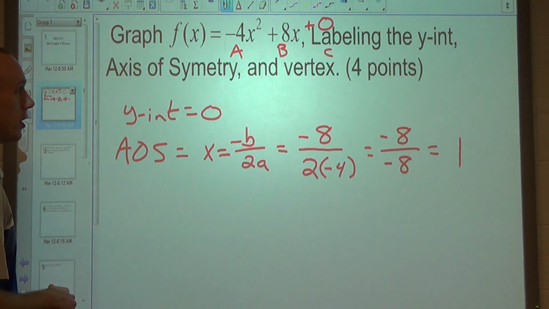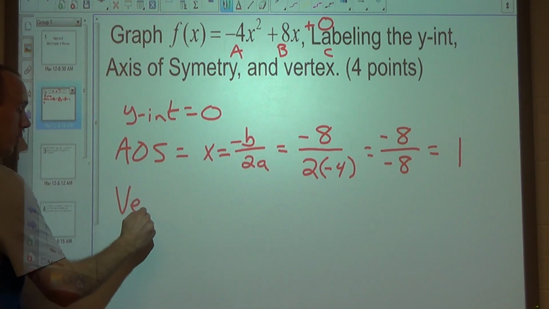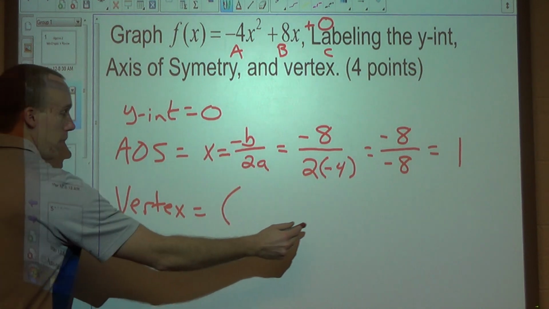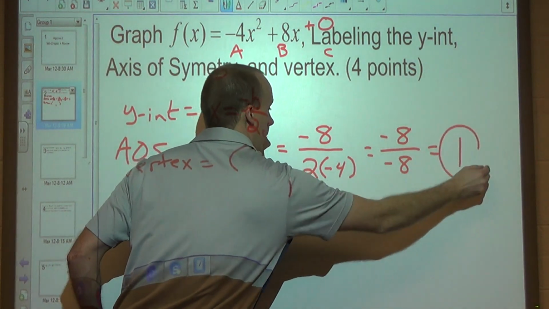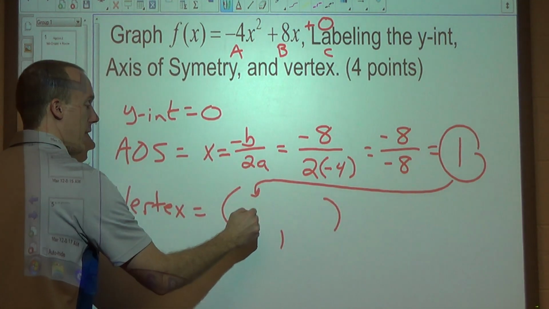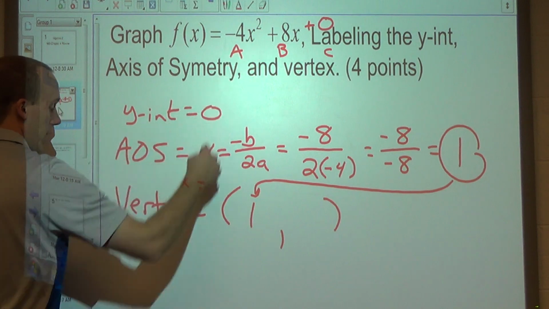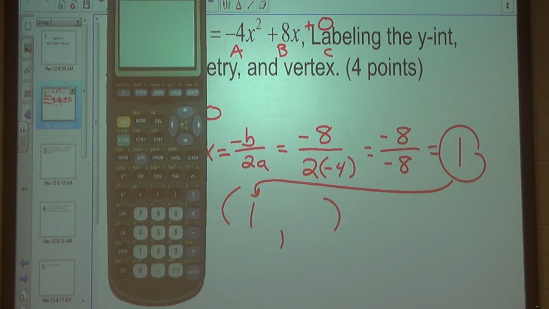And then what's the third thing I need here? Vertex. Well, what do we do with the vertex? That actually uses the same formula. Vertex is a coordinate. What do I know about this 1 here? That'll always be my x value. And how do you find the y value with this equation? You plug it in. So we can take our calculator out and plug it in. If you don't have a calculator, go grab one, please.